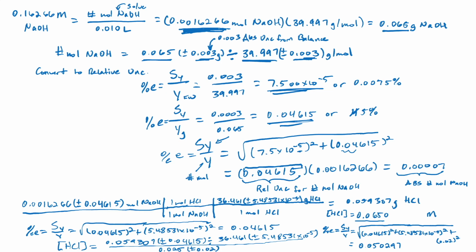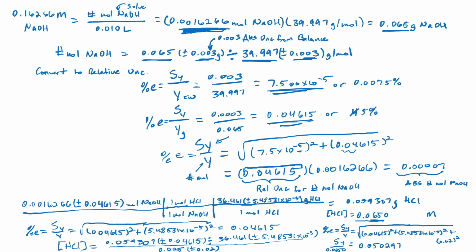Okay, but again, I don't want you to report anything in relative uncertainty. I want you to report it in absolute uncertainty. So how do we convert it to absolute uncertainty? We do the SY over Y thing again. And then in the Y, we put in our concentration that we got from up here, right? So 0.0650, like so, okay?